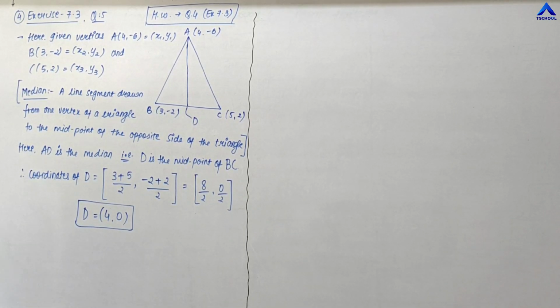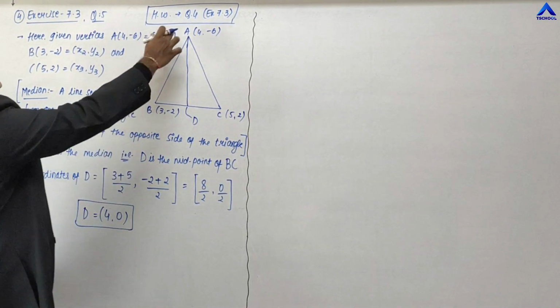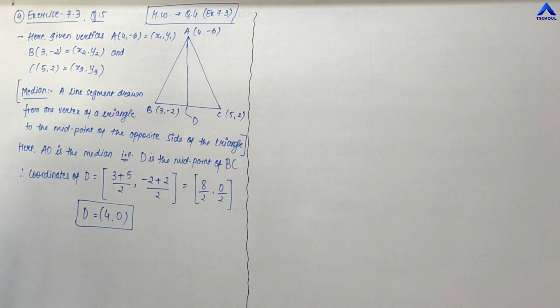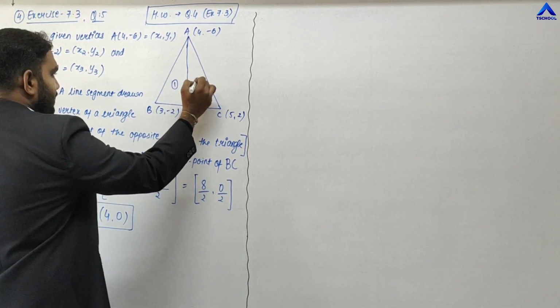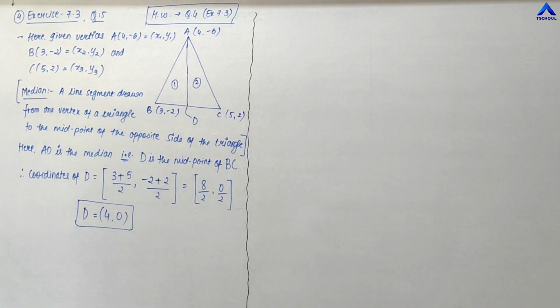Now as you can see, we are having two triangles. The first one is triangle ABD and the second one is triangle ACD. So first of all we will check that we can get the areas of two triangles and it must be equal. So the area of triangle ABD must be equal to area of triangle ACD, and hence we can conclude that median divides the triangle into two triangles of equal areas.